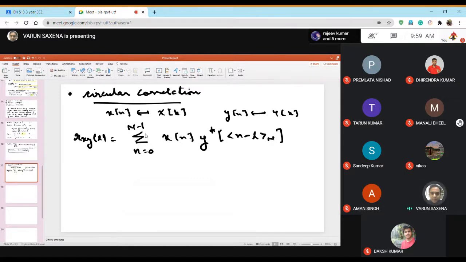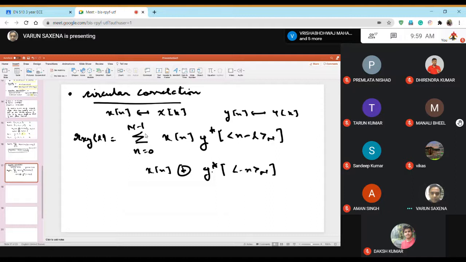So if you see, this actually looks quite like convolution, and this can be written as a circular convolution of x[n] with y conjugate of minus n.